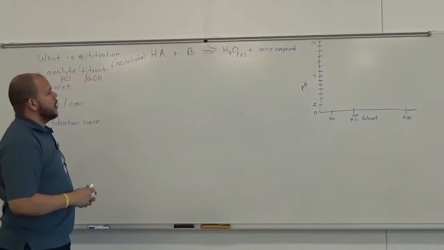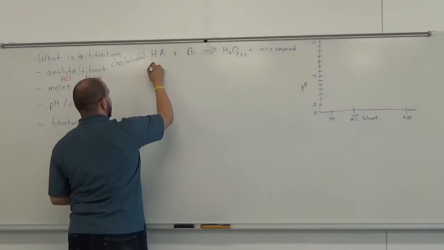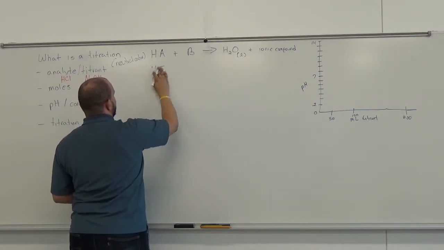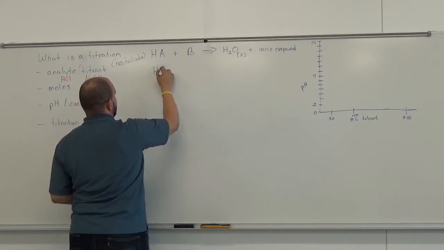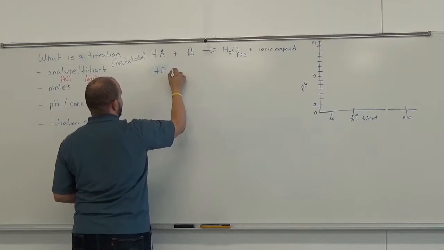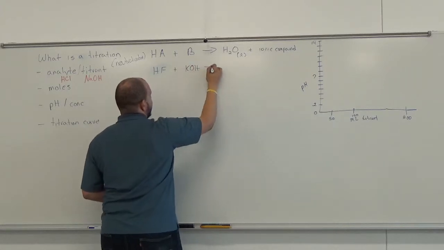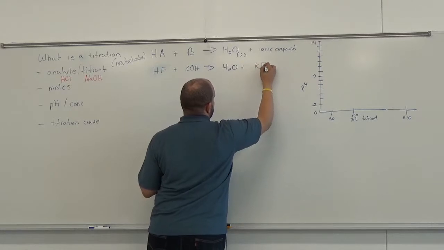Now, if we want to take a look at an example of a weak acid, strong base, we can take a look at the example that I wrote up here before. Let's use, yeah, that's fine. We'll go HF titrated with potassium hydroxide to create water plus potassium fluoride.